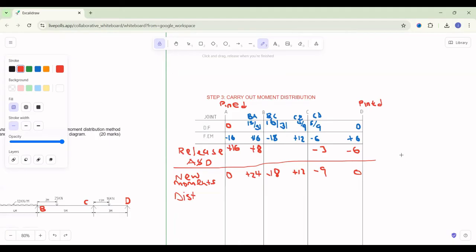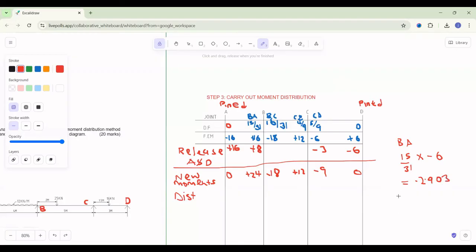It will be 15 all over 31 multiplied. Remember, if the out of balance moment is positive, the balancing moment will be negative, multiplied by negative 6. That is for BA. If you work that out, you will get negative 2.903.